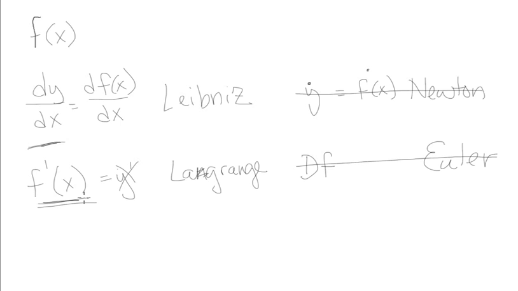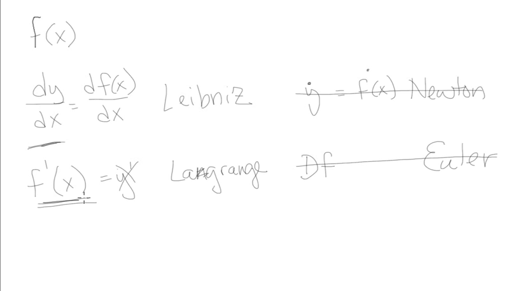So Leibniz's notation is much more flexible when, in a moment, I'm going to talk about partial derivatives and the notation for partial derivatives. Leibniz's notation is a bit more flexible than Lagrange's notation.